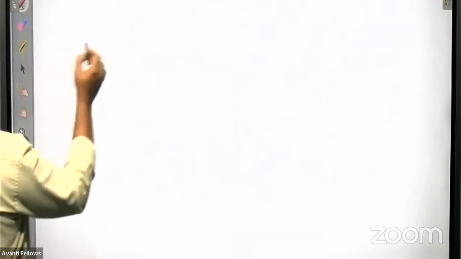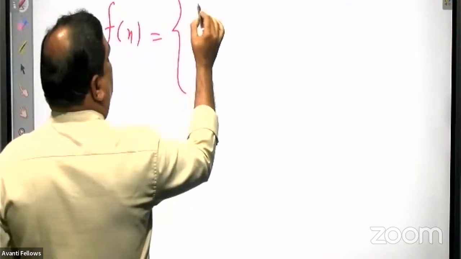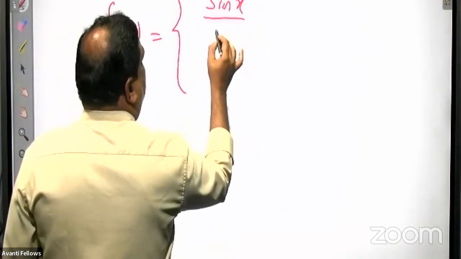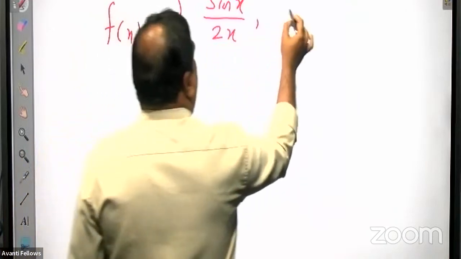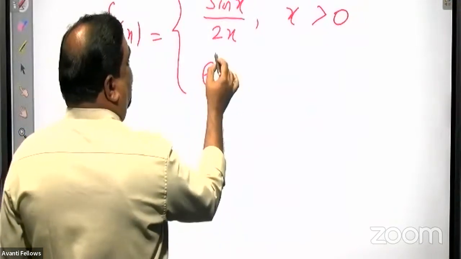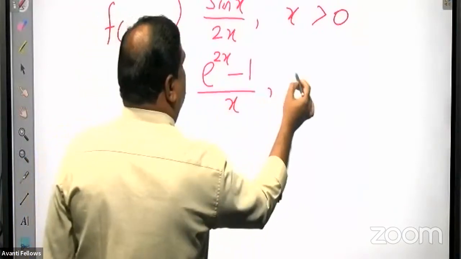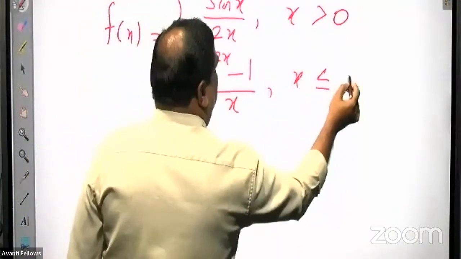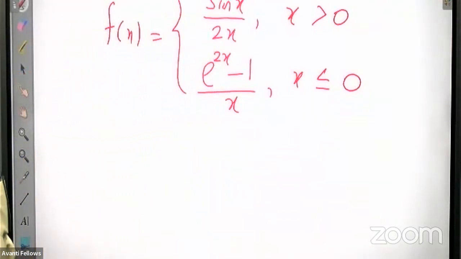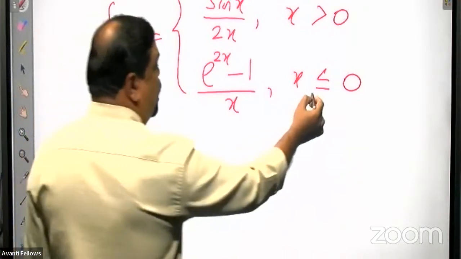For example, some function may come like this. Check the continuity of the function given by sin x divided by 2x if x is greater than 0, and e raised to 2x minus 1 divided by x if x is less than 0, strictly less than 0 only.